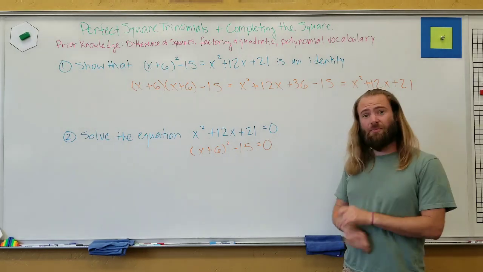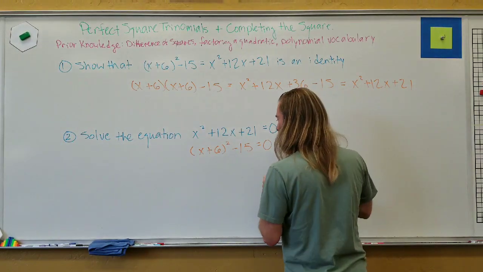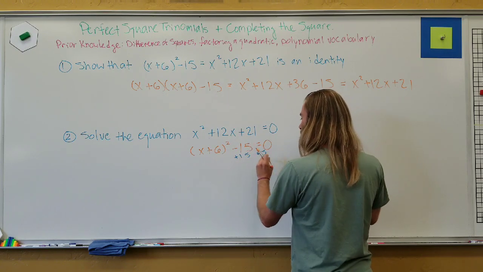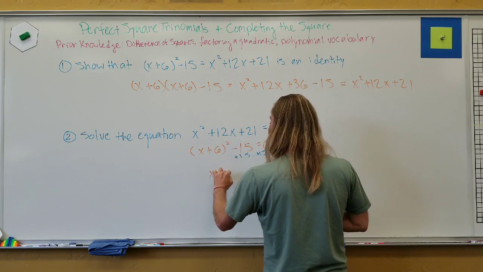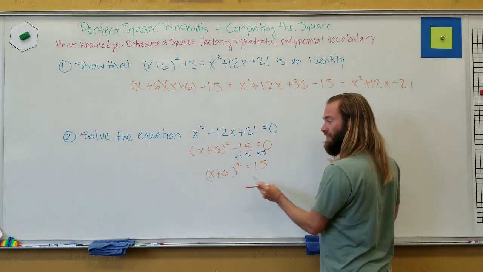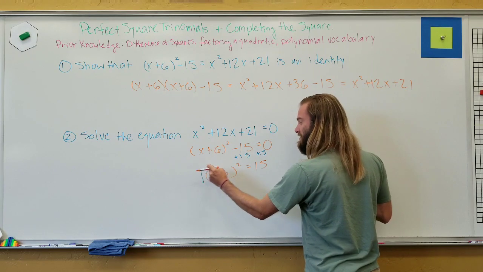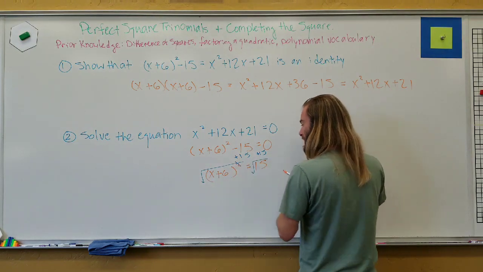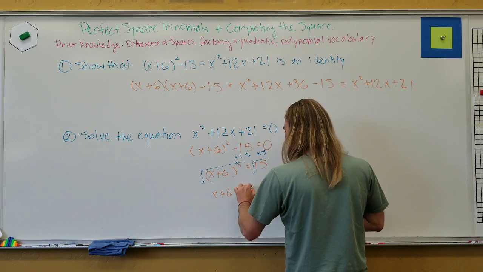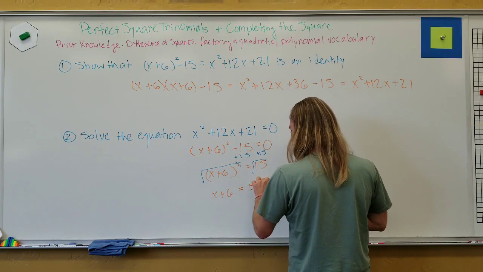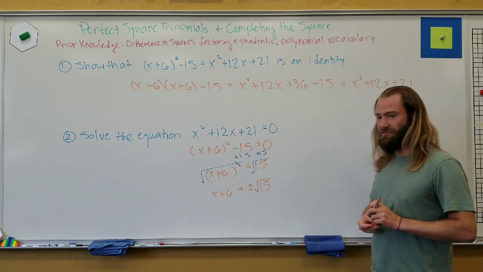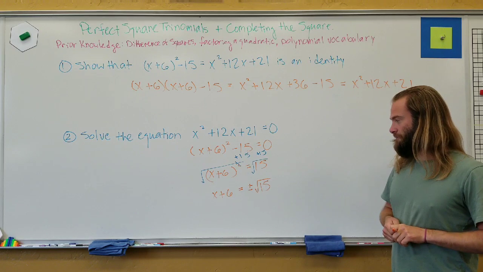And now I can just solve it by backtracking. So let's do that. My first step would be to undo by adding 15. And so I have x plus 6 squared equals 15. And then I have to undo the squared next. And then what I get here is x plus 6 equals, and remember we need that plus or minus because there are two roots, right, of 15, or of any number.